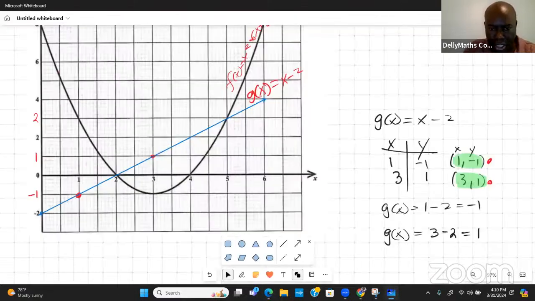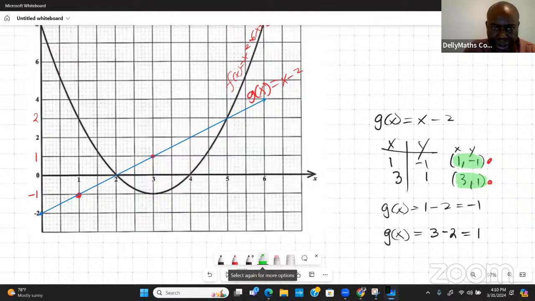If you look, you would notice that they did cross each other here and here. That's where they cross each other. So what you want to do is to have those solutions, and there's two pair.